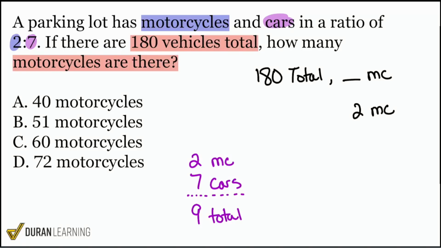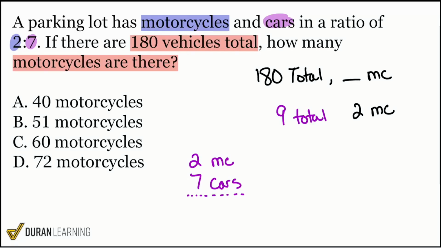So take a look. Even in a proportion problem where it's not perfectly spoon-fed to you, you can absolutely still get it right because you can use the information that you have to find the information you're looking for.